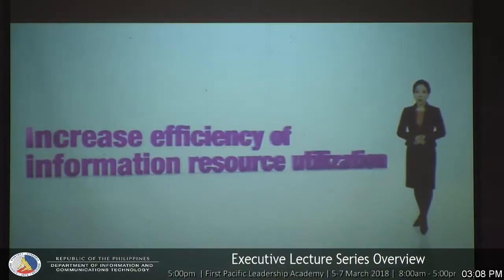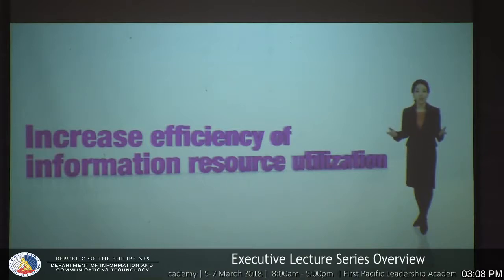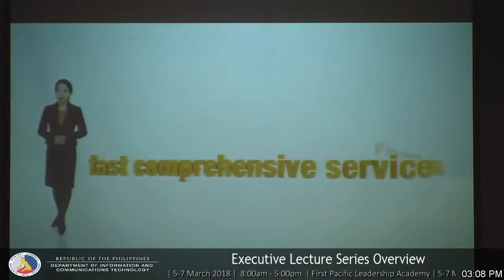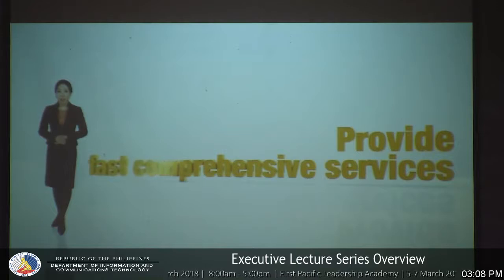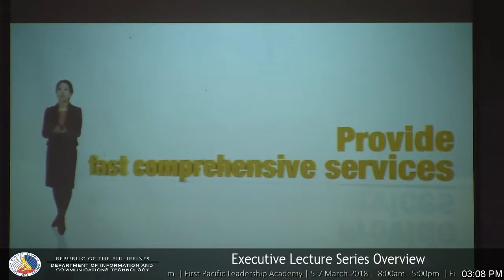Furthermore, it promoted the utilization of existing resources, reducing information budgets, and creating new opportunities for new projects. And most of all, integrating the scattered e-government services has made it possible to provide a fast, convenient, and comprehensive e-government service to the public.